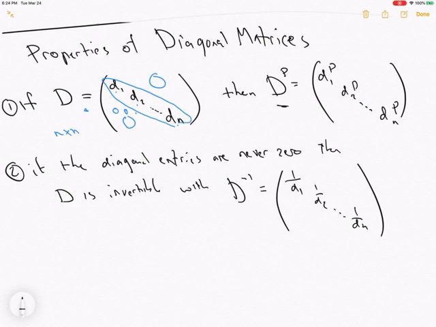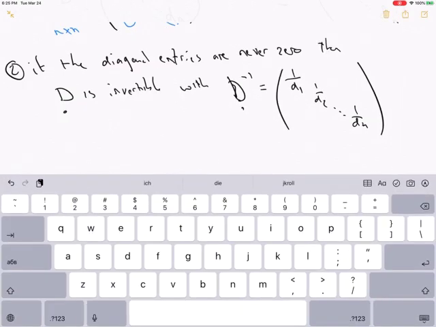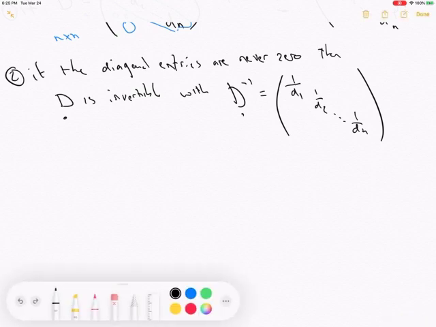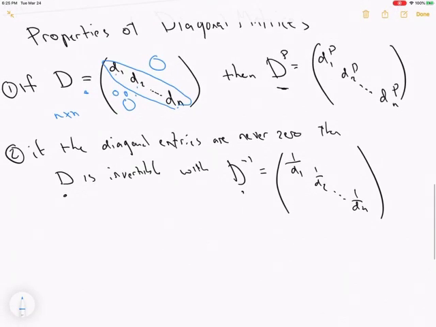The second property of diagonal matrices is that if none of the diagonal entries are zero, so if every entry is non-zero, then the matrix is actually invertible. So D is invertible, and the inverse matrix is also diagonal, and it's just the diagonal obtained by taking the reciprocals of all of the entries. This wouldn't make sense if one of these entries were zero.